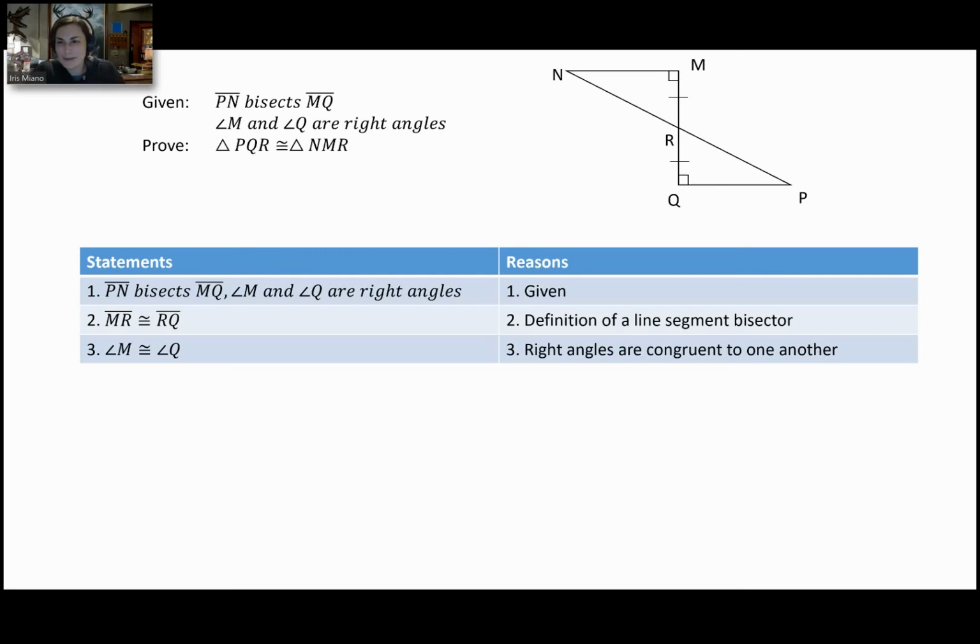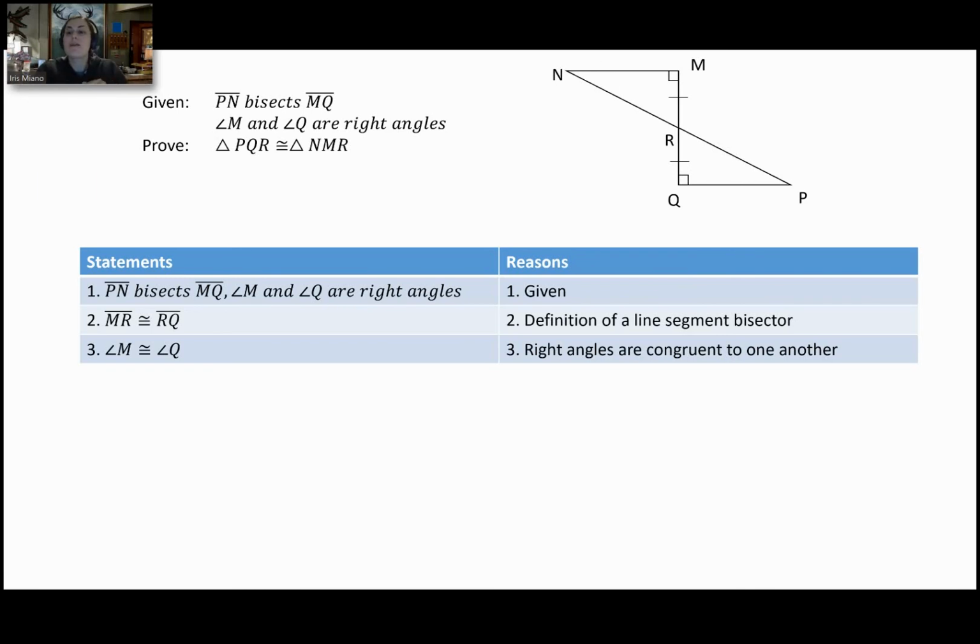Why would we ever need to use it to say that right angles are congruent to each other? Here's a case in point. It was presented that these two angles M and Q are right angles, so we can use this theorem to link them together as a congruent pair of angles among two triangles.